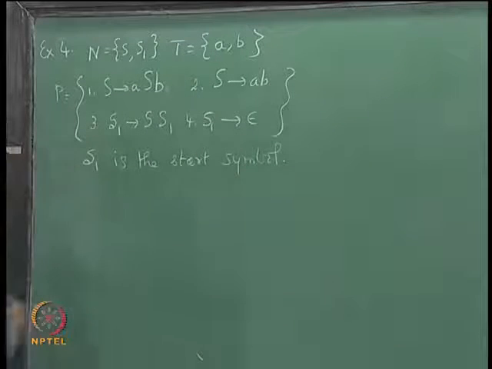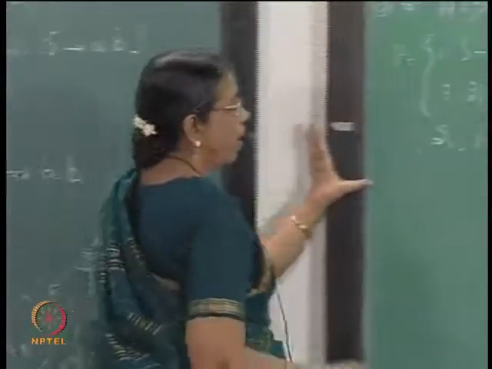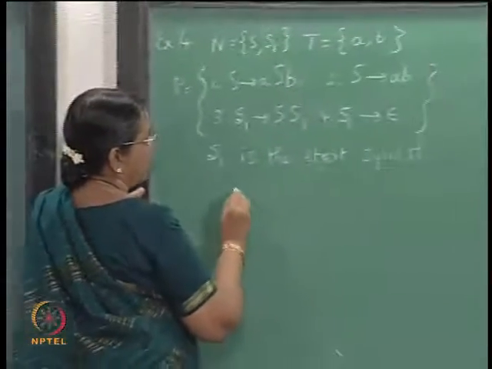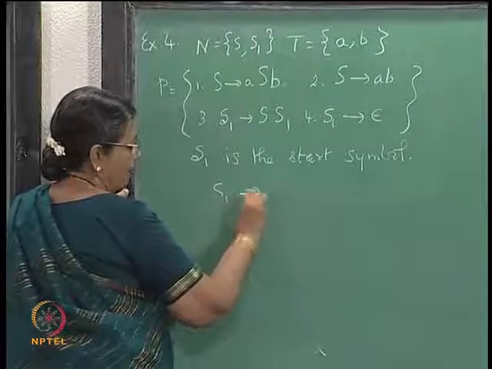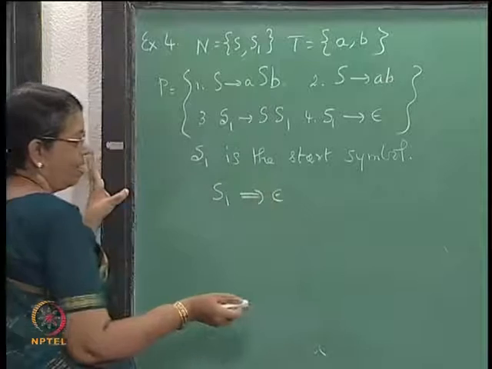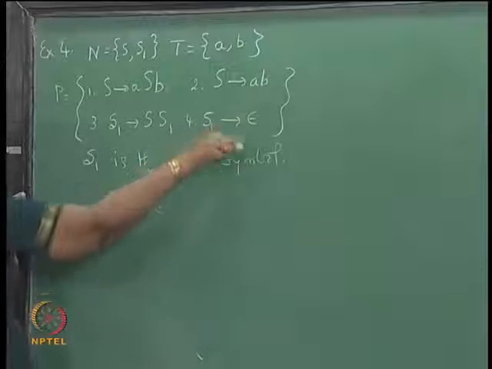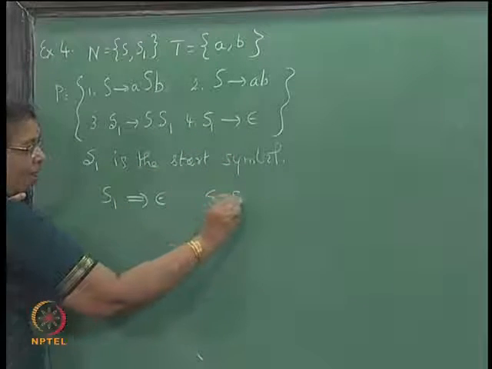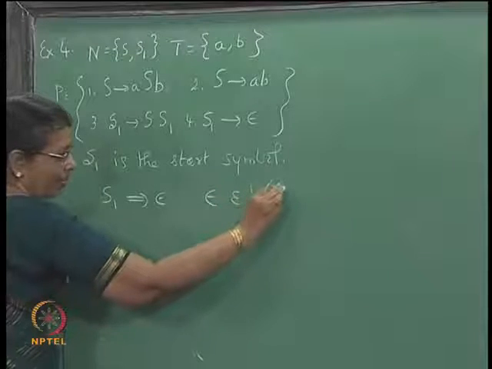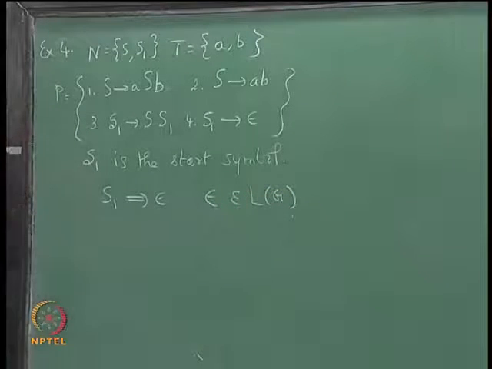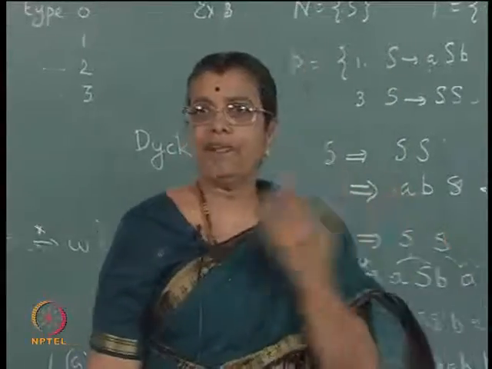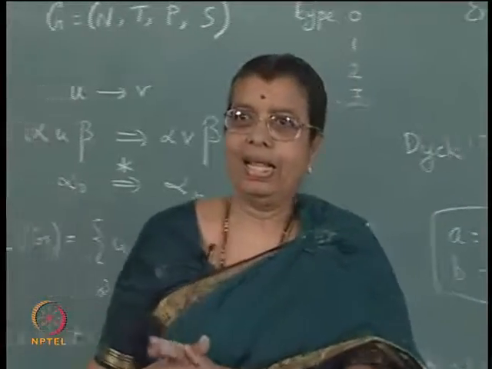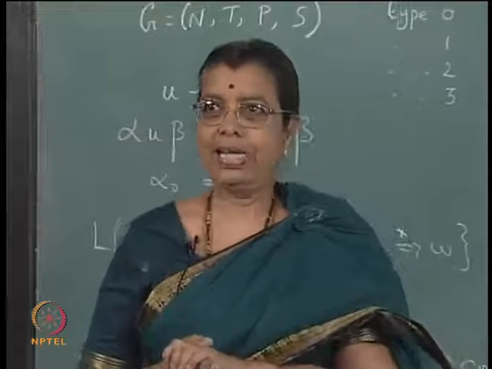What sort of strings can be derived in this grammar? Now you can have S1 derives epsilon, right? You can use this alone. So epsilon belongs to LG. In the previous three examples, the language did not generate the empty string.